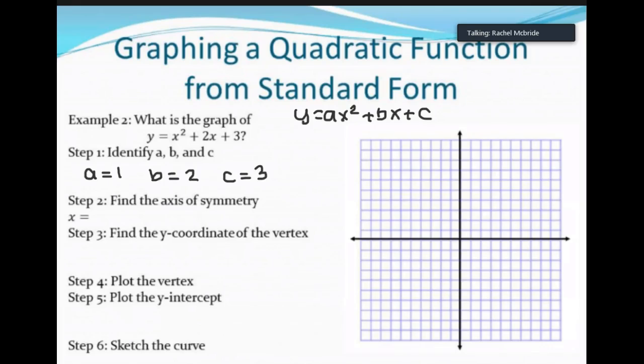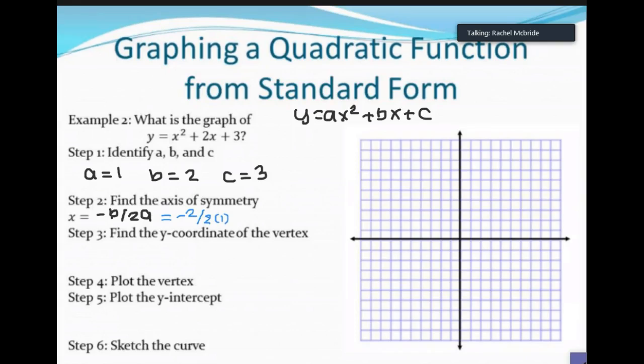The axis of symmetry is a little unique in standard form. It's negative b divided by 2a. So the axis of symmetry now comes from the idea that it's negative 2 divided by 2 times 1.